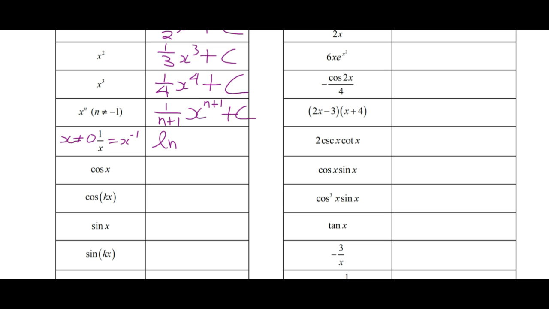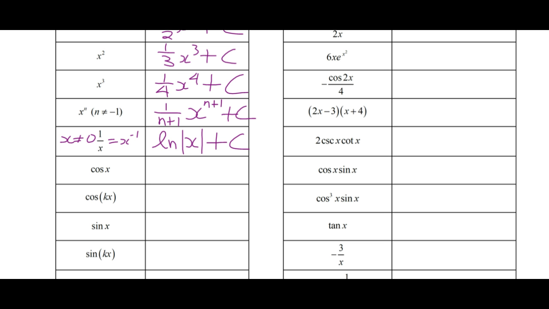But there's a thing we have to do, because you can't take the ln of a negative. So technically we use the ln of the absolute value of x, and then plus c. Don't forget the constant.